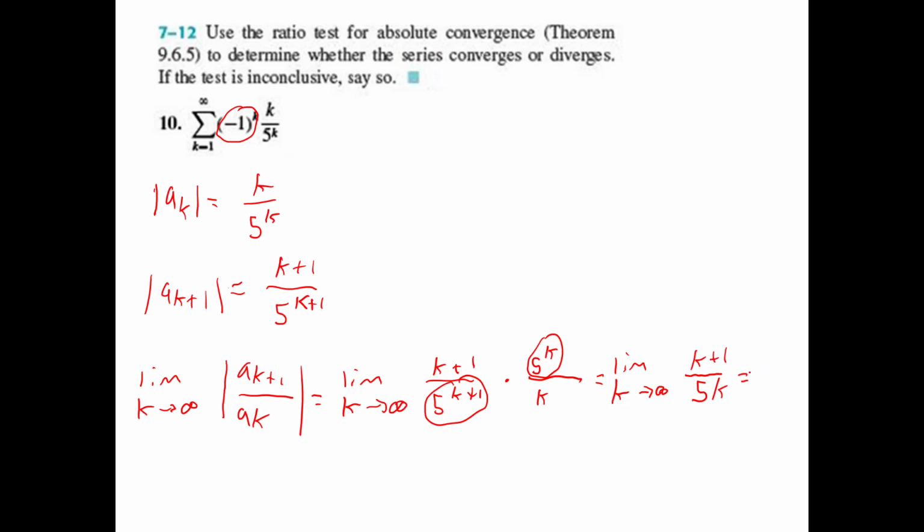Notice that what we get here then is a rational expression where the degrees are the same, degree 1, and so we get the leading coefficient of the top, 1, over the leading coefficient of the bottom, 5. This is less than 1, therefore converges by ratio test. And we move on.